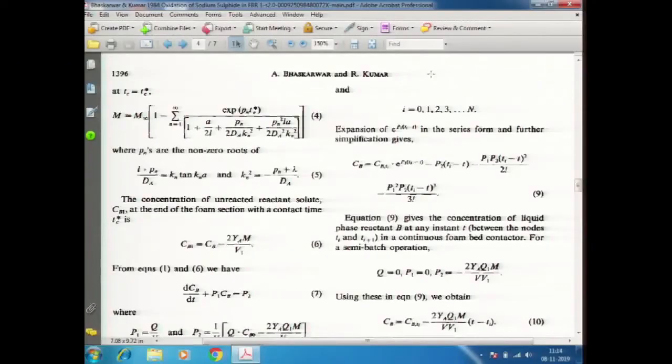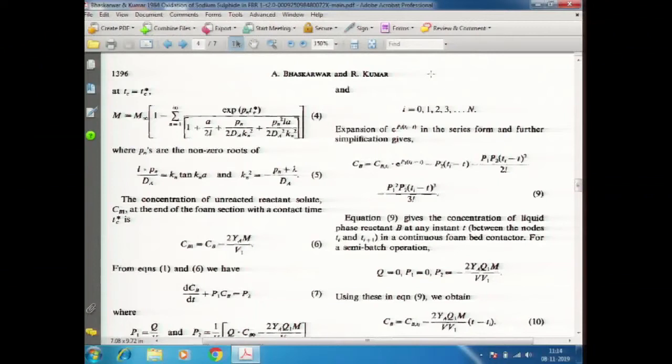The entire foam bed reactor, on the other hand, we would be interested in operating for maybe an hour or two or more, and in extreme cases continuously for several days. So, the performance of the reactor has to be assessed over a much longer time scale than the time of contact available in the foam section.